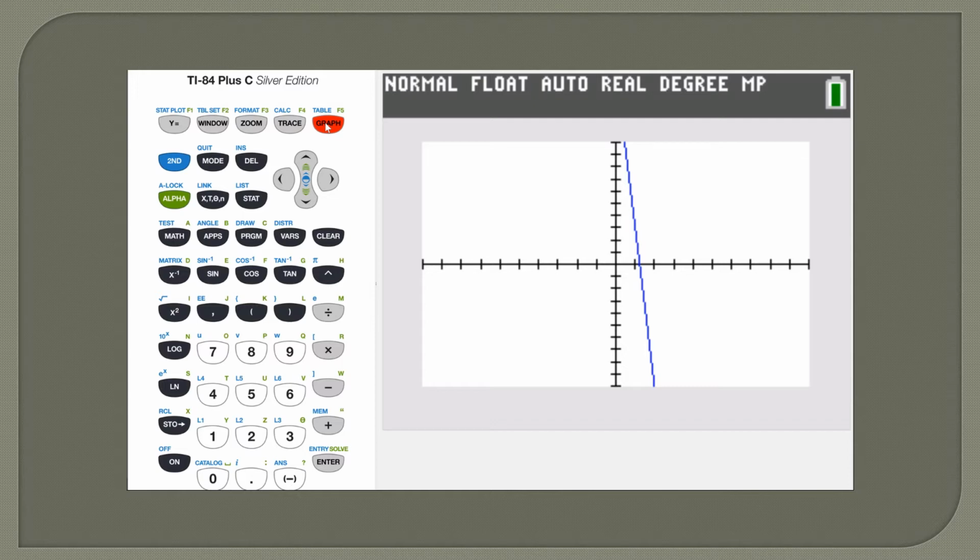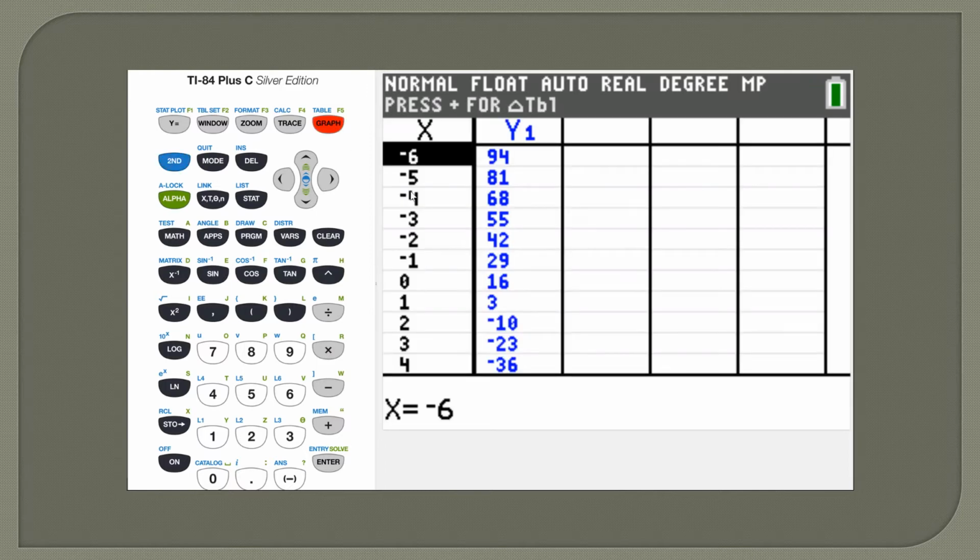And then lastly, it asks which term of the sequence is negative 114. And I'm going to go in here to my table. I believe I've got enough room to see this. Okay, so what I've got here is a table of x values, but we're going to start down here. So when x is 1, my first number of the sequence is 3.